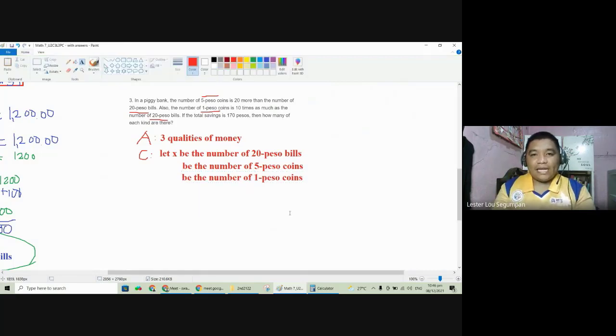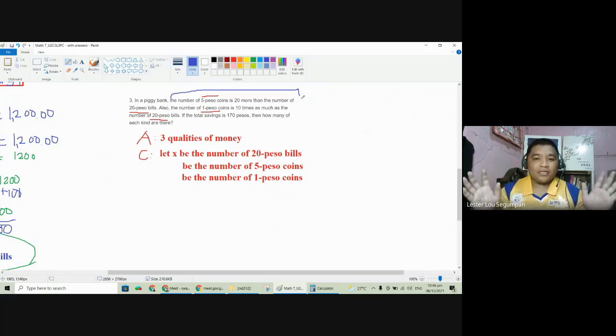Let's start with the relationship between the 20 peso bills and the 5 peso coins. In the first statement, the number of 5 peso coins is 20 more than the number of 20 peso bills. So it tells us that the quantity of 5 peso coins is a lot bigger than the 20 peso bills.